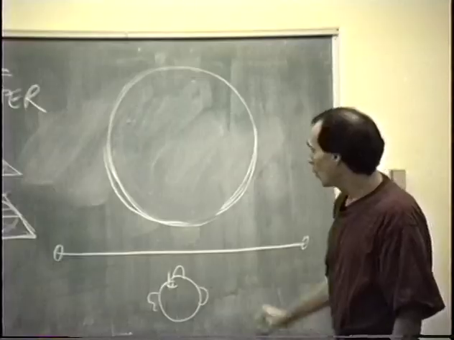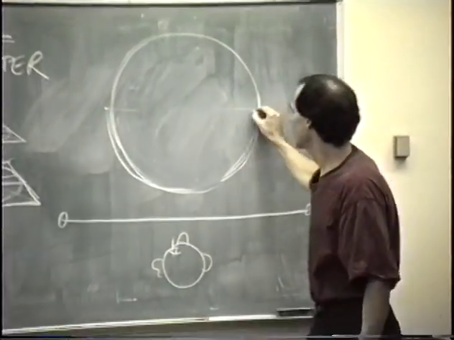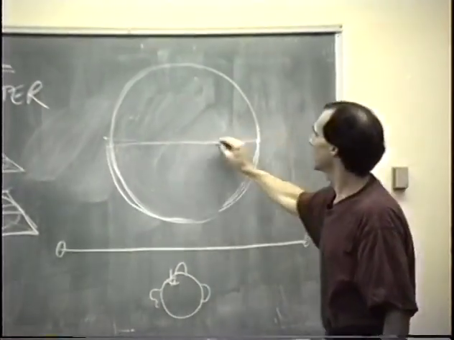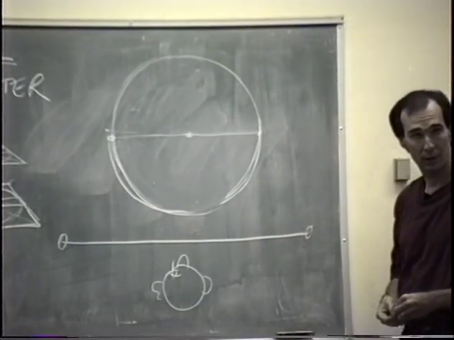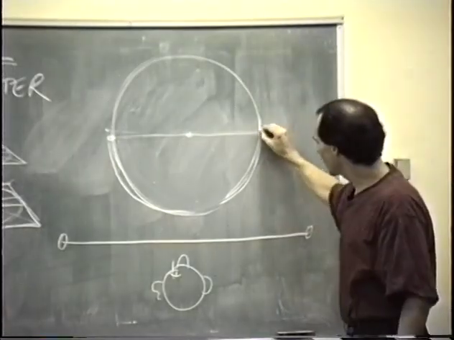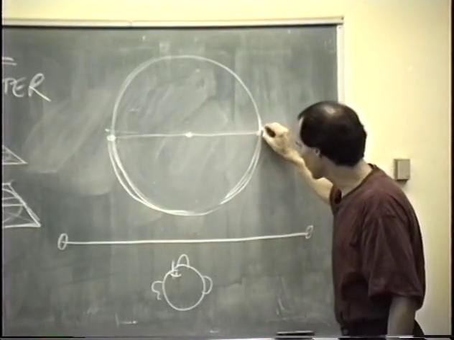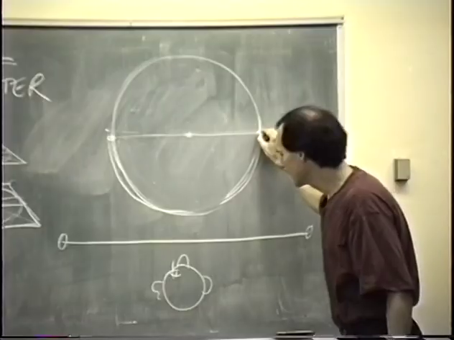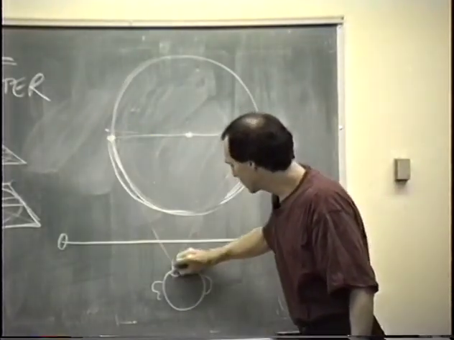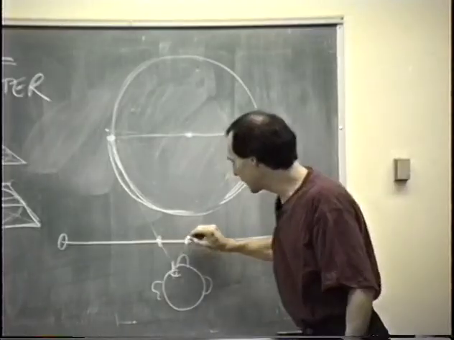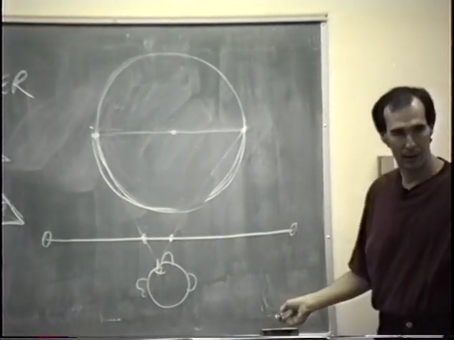Now, let's say that's the middle, the center of the circle. Look what happens. Where does he see that? Let's run a straight line from that point to his eye, and from that point to his eye, and you've got a line that makes that wide, right?